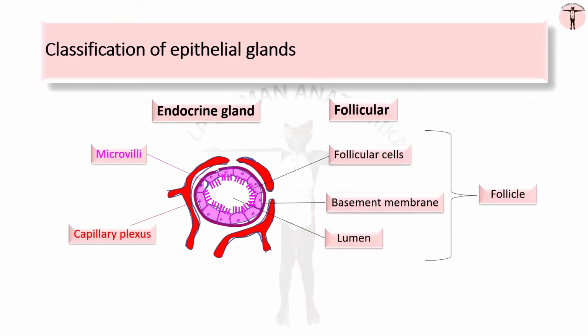The cells secrete and pour the secretion inward into the lumen and form a pool of stored secretion by the extracellular method. So the secretion is stored in the center of the follicle surrounded by cells. This type of follicle is present in the thyroid gland and is called thyroid follicles.